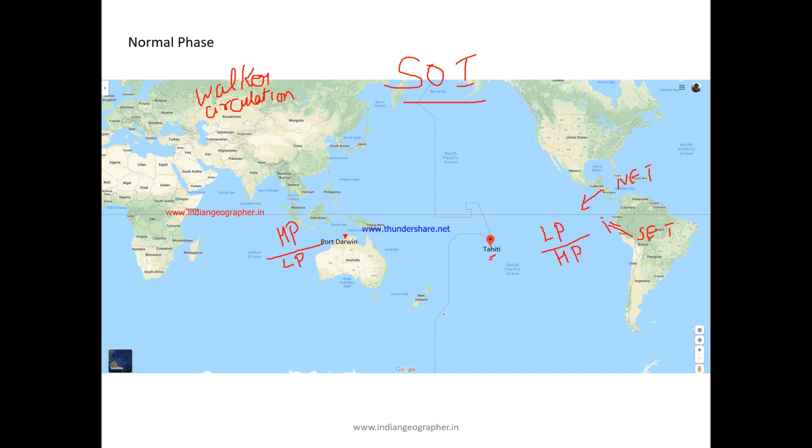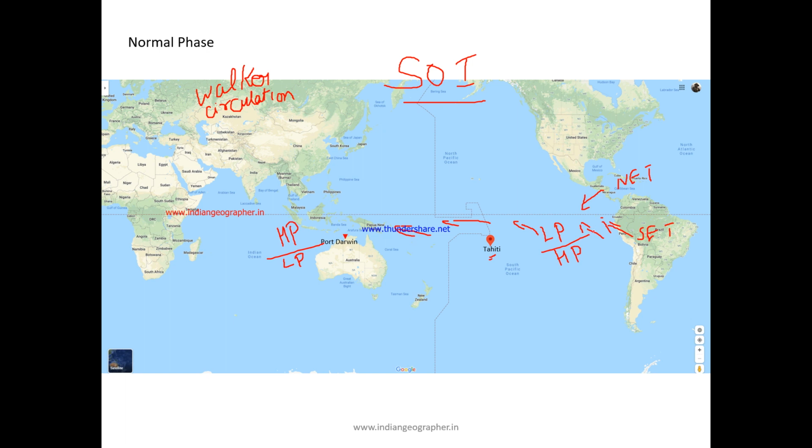In normal conditions the trade winds are strong, and as the southeast trade moves towards the equator, it tends to bend towards the east. By the time it reaches the western part of the Pacific Ocean, it is nearly easterly in direction, flowing from southeast to northwest.